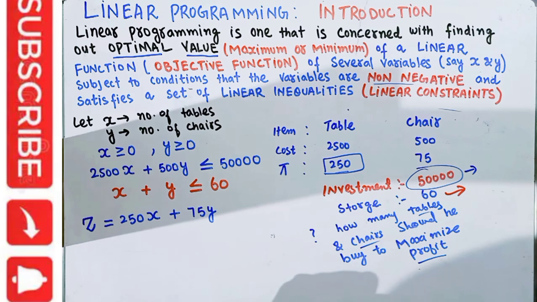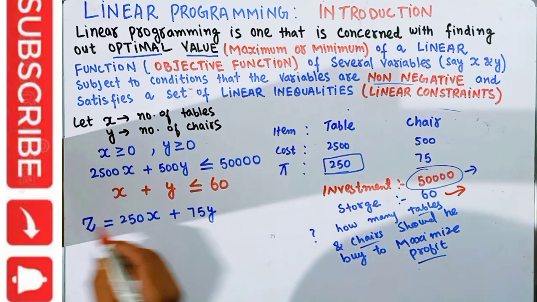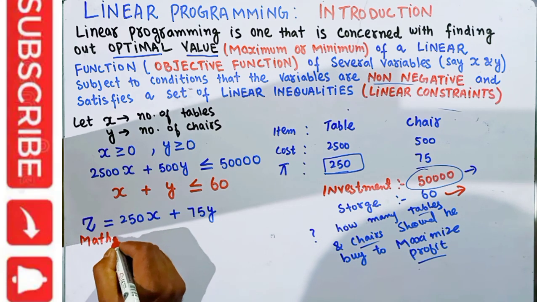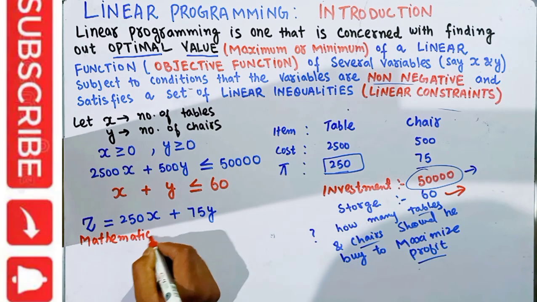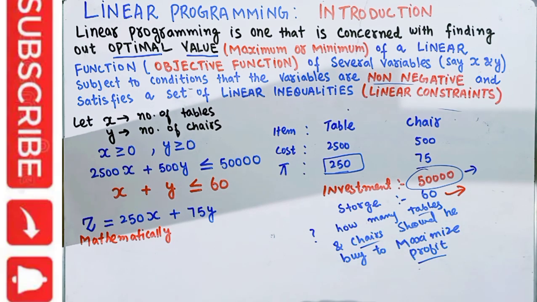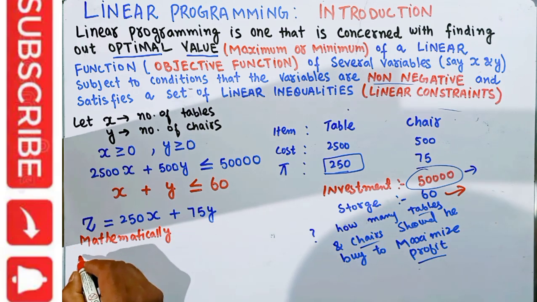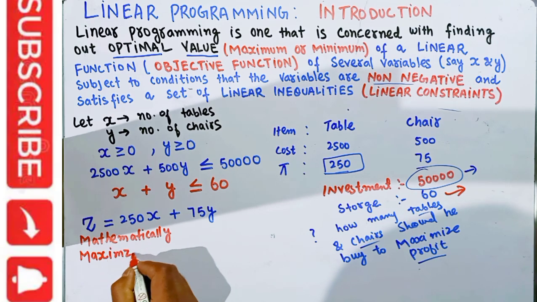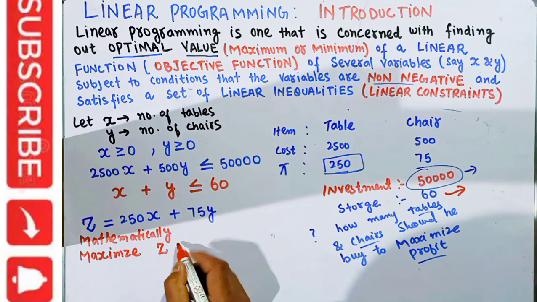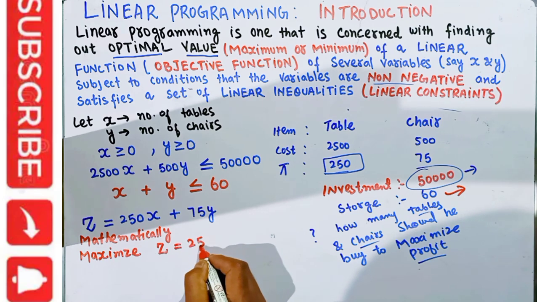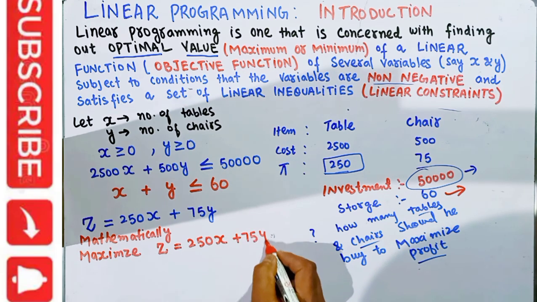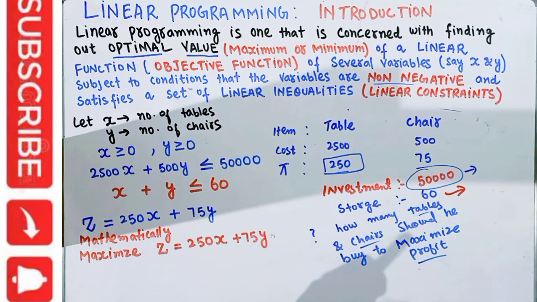Let's write all this mathematically, in a formal manner. The dealer wants to maximize Z, which denotes the profit, equal to 250x plus 75y, subject to the constraints.